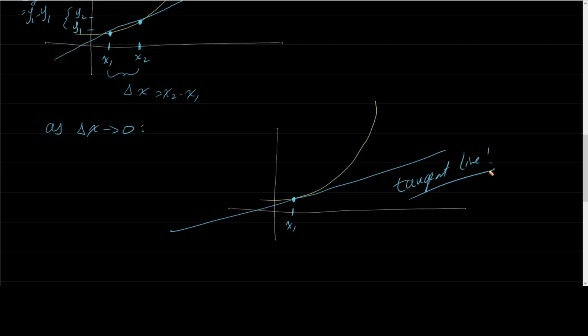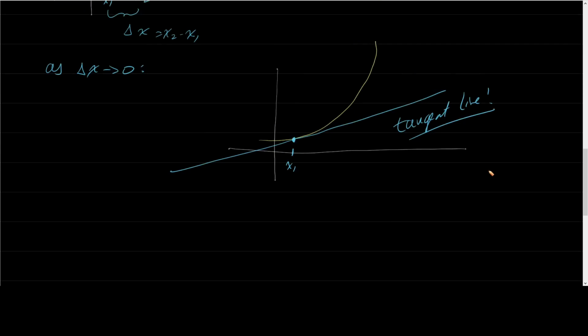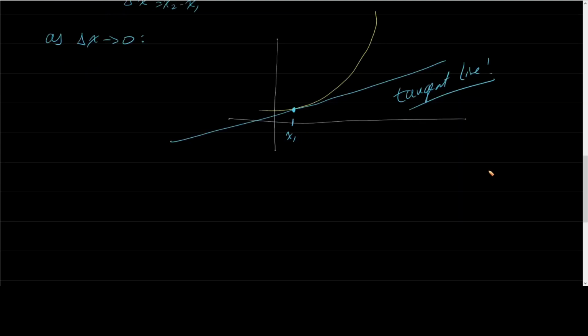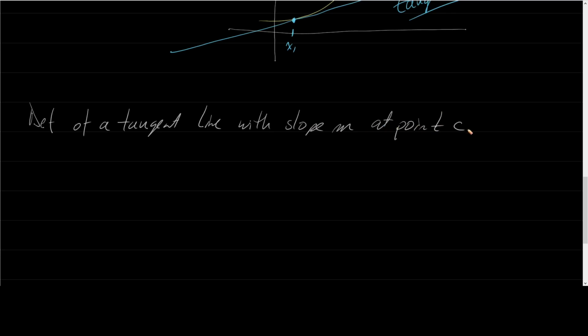All right. So let's get a definition for finding the slope of a tangent line. All right. So, definition of a tangent line with slope m at point c.